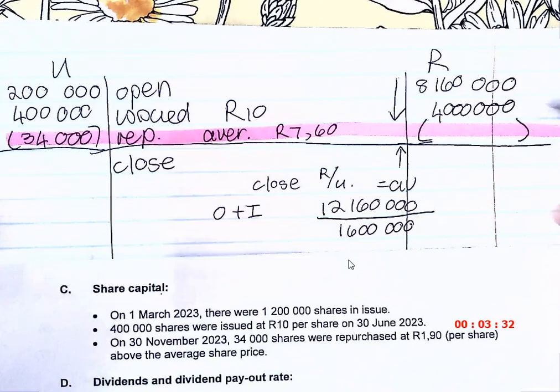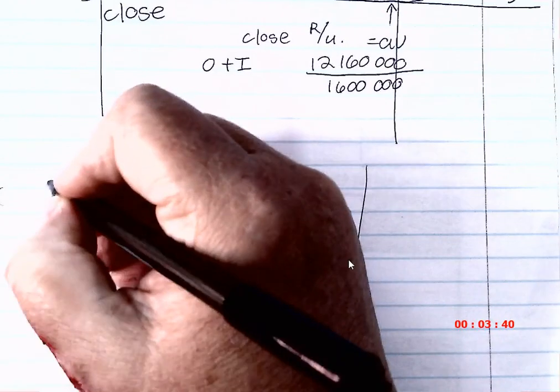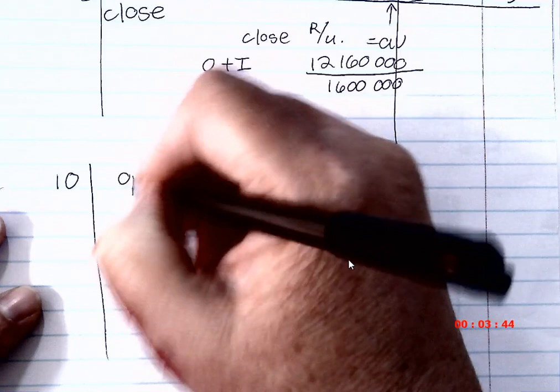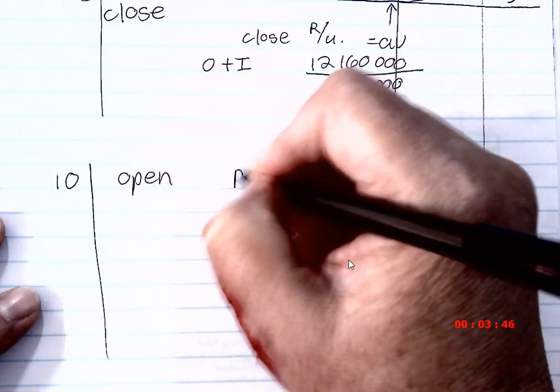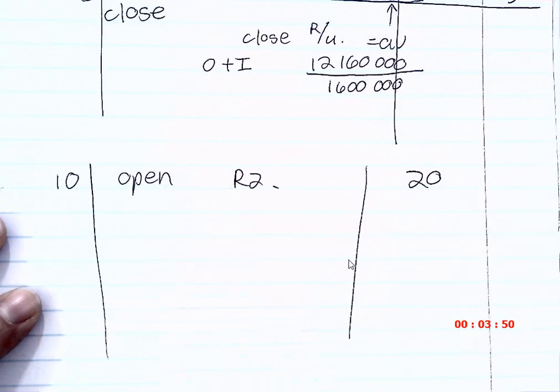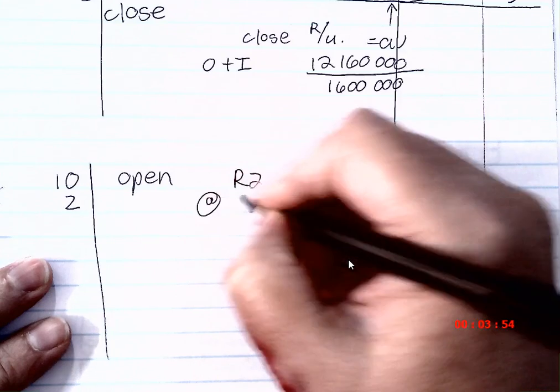Okay, so let's go again. If I have 10 shares at the start of the year, opening, at 2 rand each, then this would give me 20. Now I issue 2 shares at 3 rand.